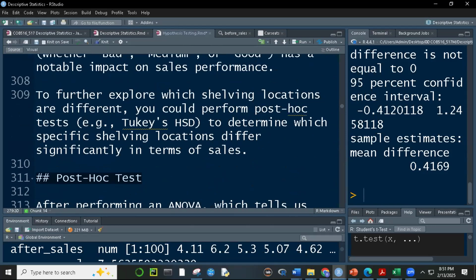What's so special about ANOVA is that it will tell you if the means are equal. But since there are three groups, it will not tell you which of the means are not equal.